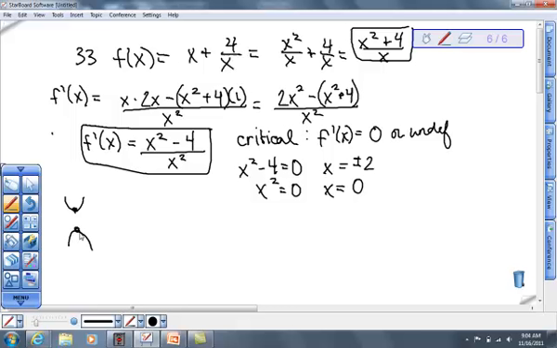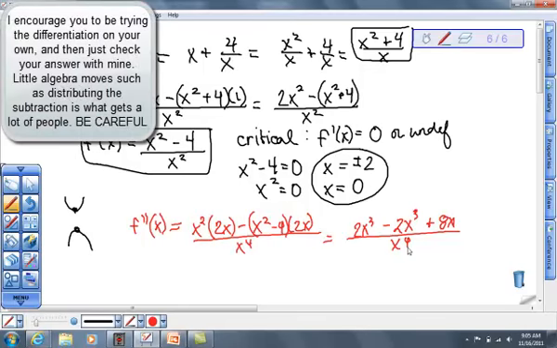So what I'm going to be doing is taking each one of these x values and plugging them into my second derivative. So first I need to find my second derivative. F double prime of x is equal to, and these will cancel out, so what I get is f double prime of x is equal to 8 over x cubed.